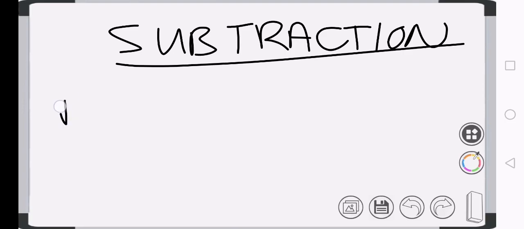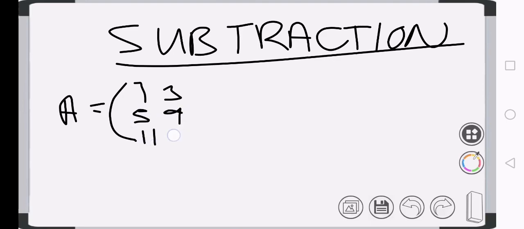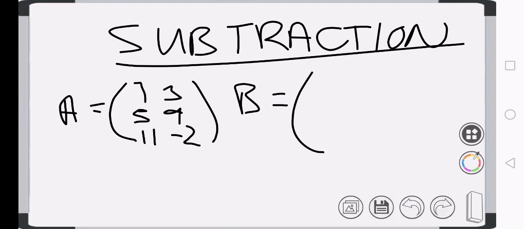Say we've got the matrix A, 7, 3, 5, 9, 11, -2, and a matrix B given -3, 0, 8, 1, -3, -4.